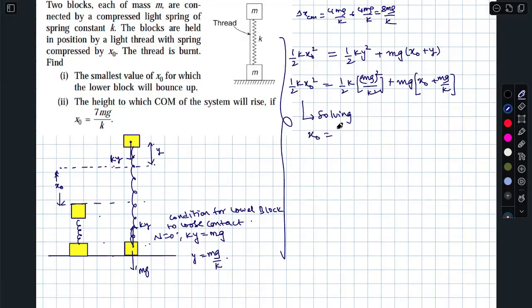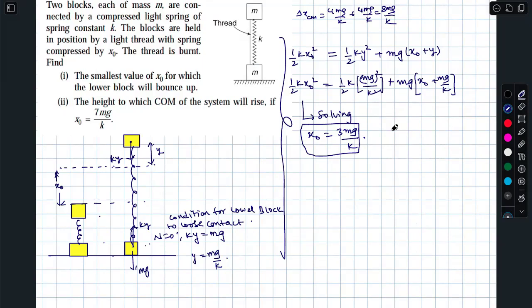We will get x naught as 3mg by k. That is the first part, which is not related to this chapter.